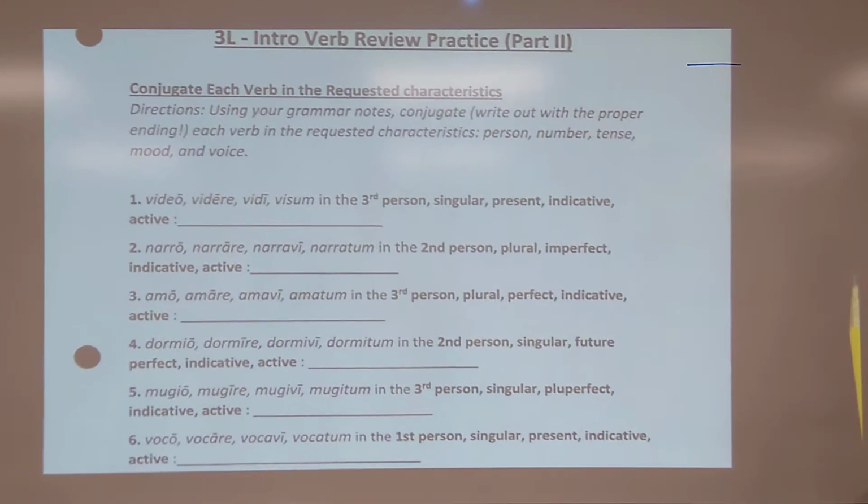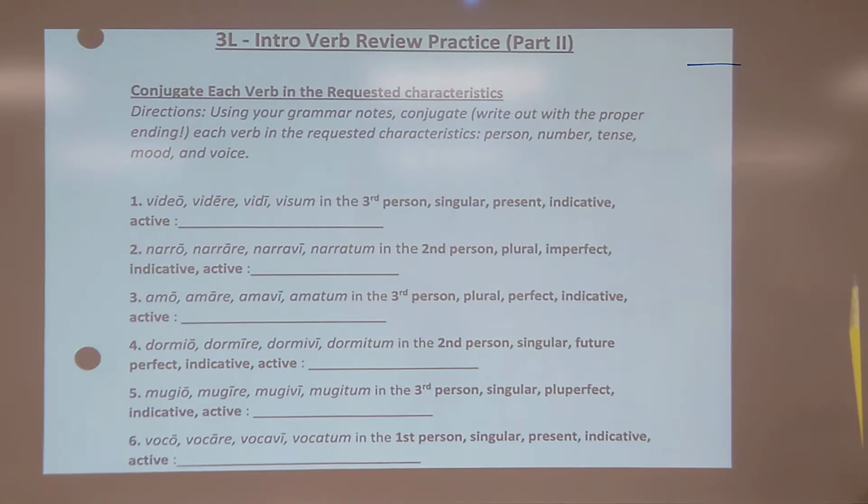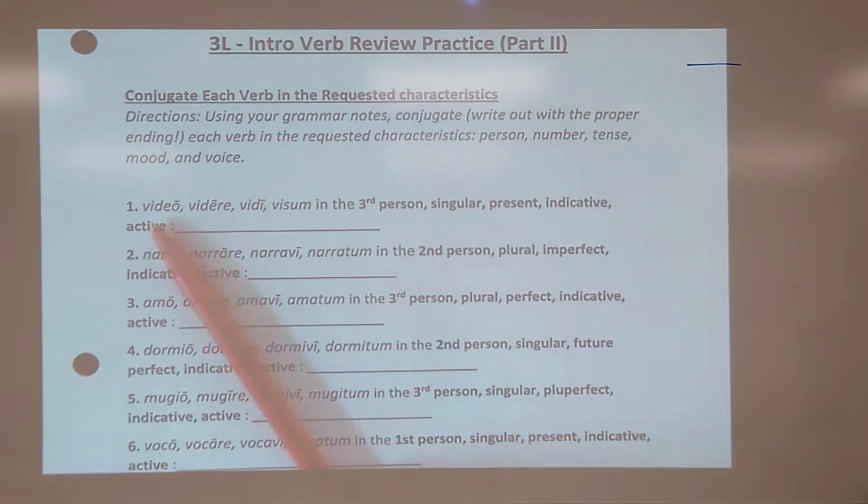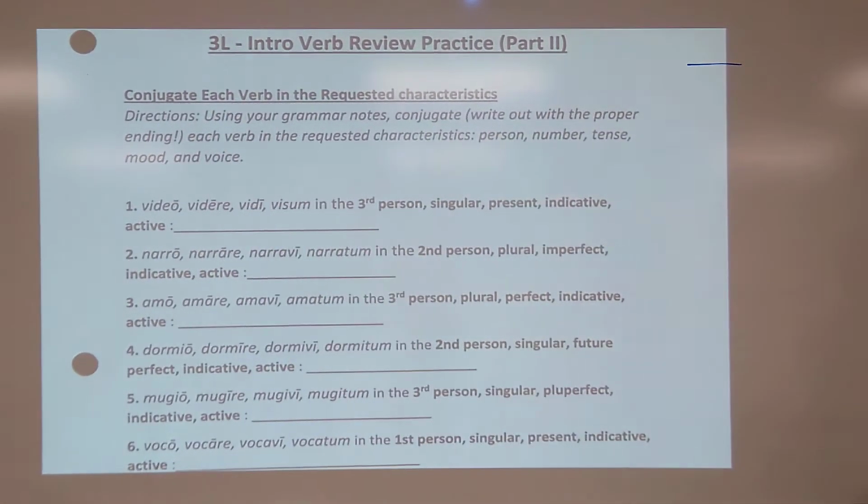Those of you who were in class the other day, we together got through the first few, distance learners and the other cohort, this is the first time you've seen it. So in any event, this is what we are doing for part two. You're conjugating each verb with the requested characteristics. Instead of me giving you a conjugated form and you telling me the characteristics, we're doing the reverse.